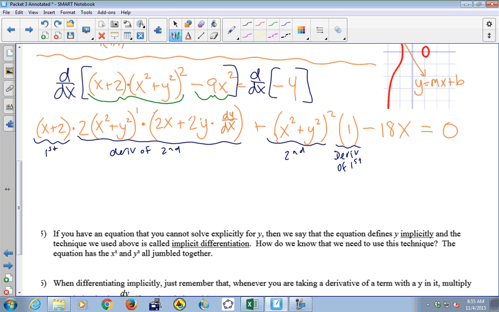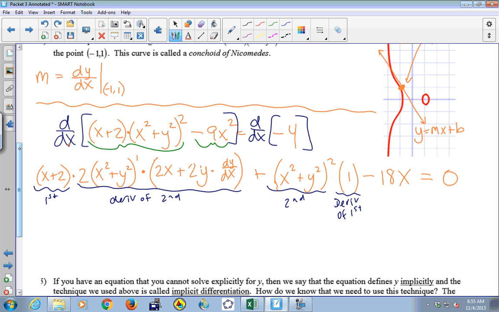Okay, so now I have a dy dx in my equation, and that's what I want to know. I want to know dy dx at a specific point, when x is -1 and y is 1. If I were going to solve this equation the way it's written for dy dx, that'd be a lot of messy algebra. I'd have to get that dy dx by itself.